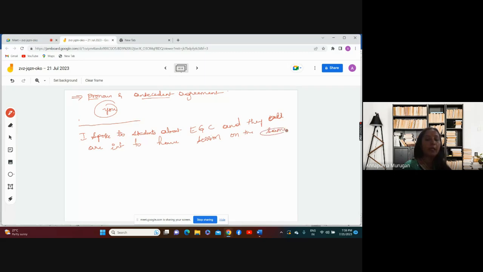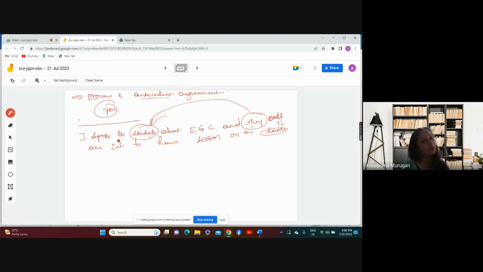Now, on the same or on it, they all are interested to have the session on it. So students is the thing we have. I spoke to students about EGC, that is English grammar class, and they is talking about students. So my pronoun, which is used in the later part of the sentence, should basically get associated with whatever we are trying to say.